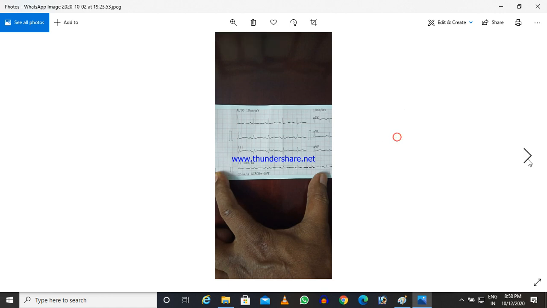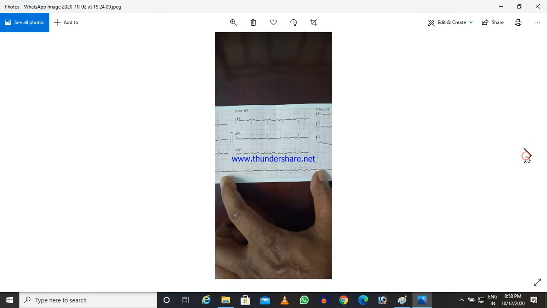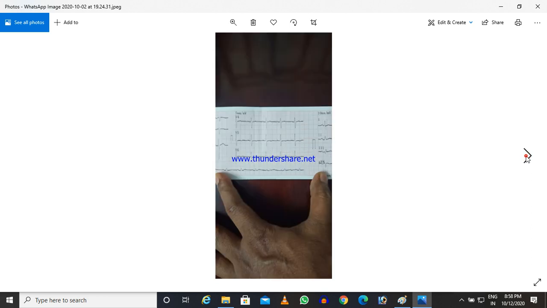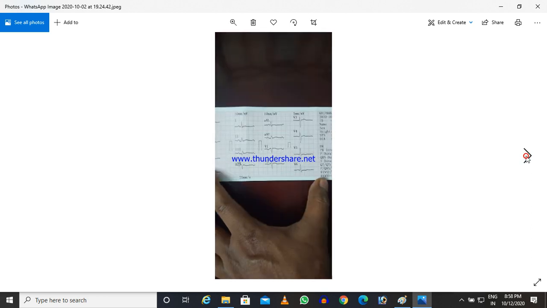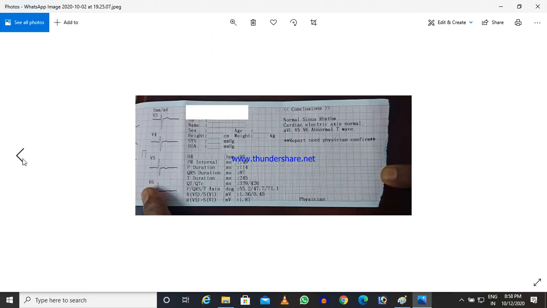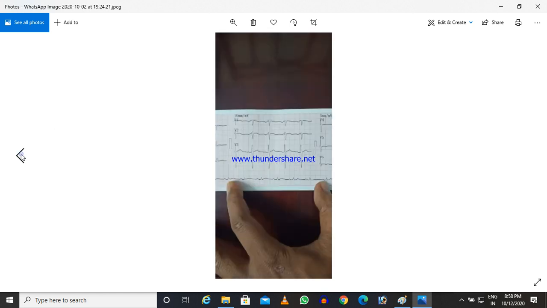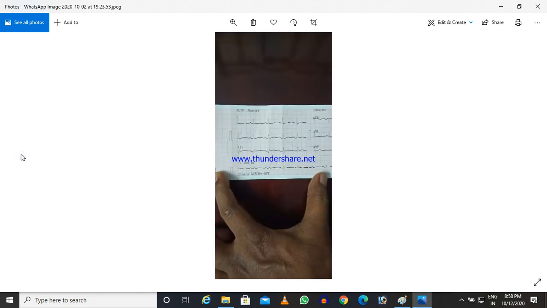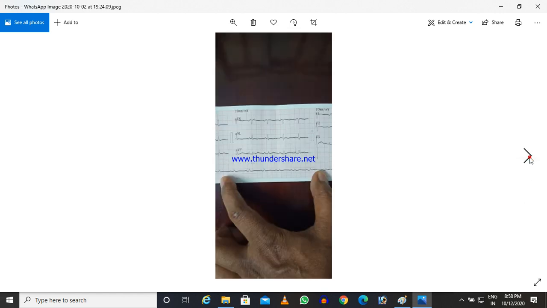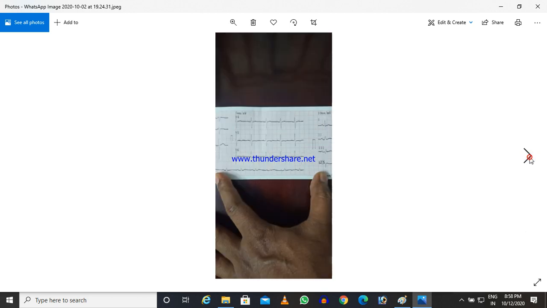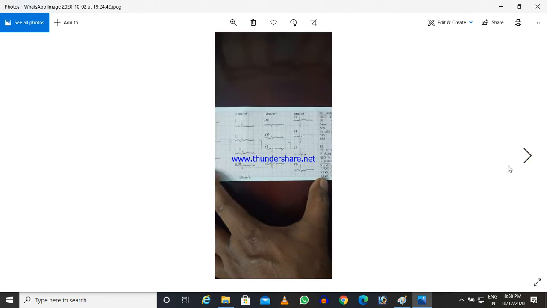But if it is generalized, in my opinion, you see, in most of the leads I am getting a flat T wave. If I see this ECG, most of the leads, not only contiguous leads but all the leads, the T waves are flattened.